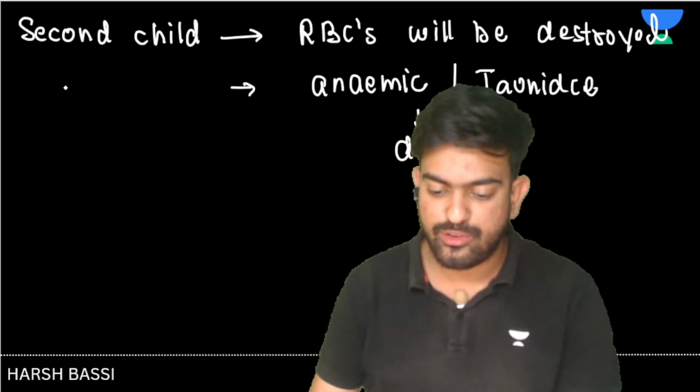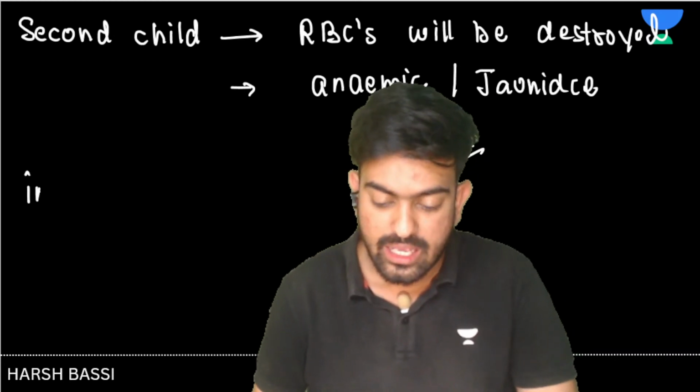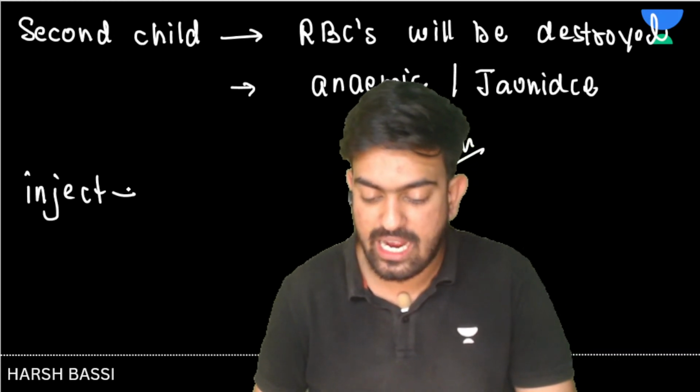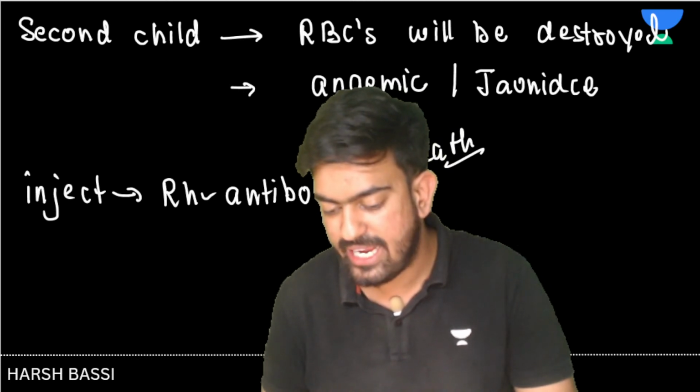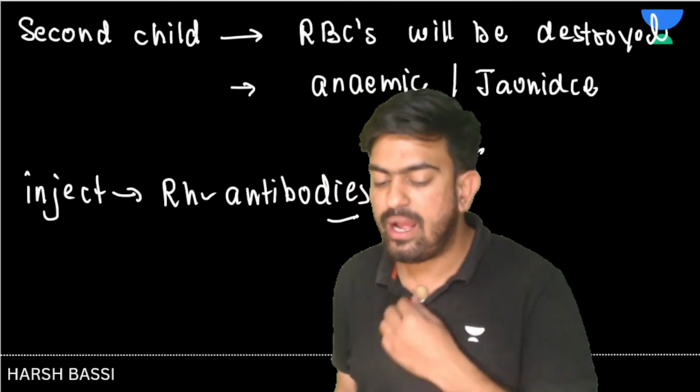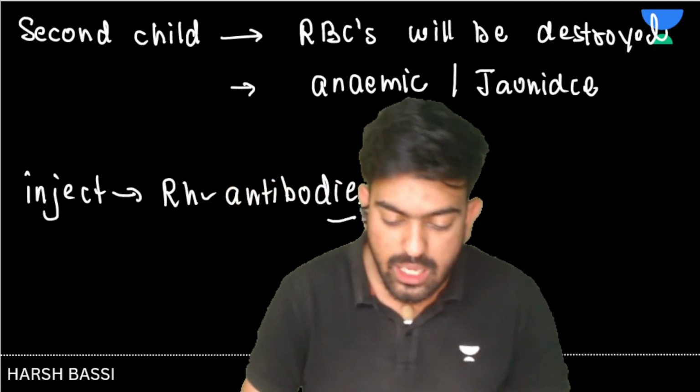RH antibodies. We can inject RH antibodies, and then the erythroblastosis fetalis can be prevented. Clear to everyone? Let me know if you have any doubts.